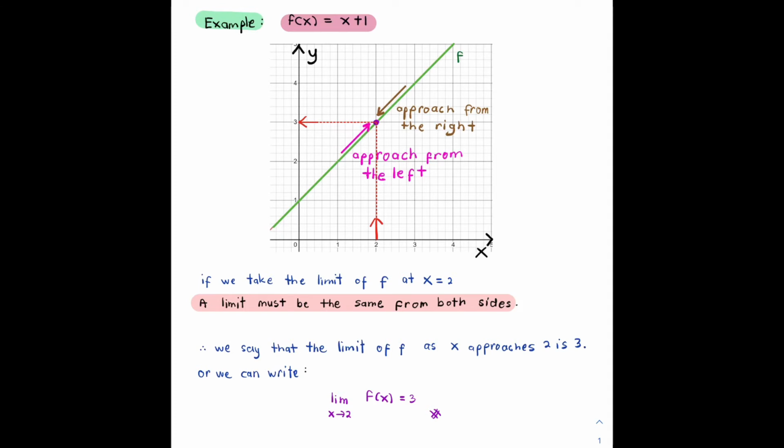Okay, let's check from the right hand side. As x approaches from the right hand side, it is approaching the point 3. And as x approaches from the left hand side, this will also approach the same number 3. Therefore, we can conclude that as x approaches 2, the limit of f(x) is equal to 3.